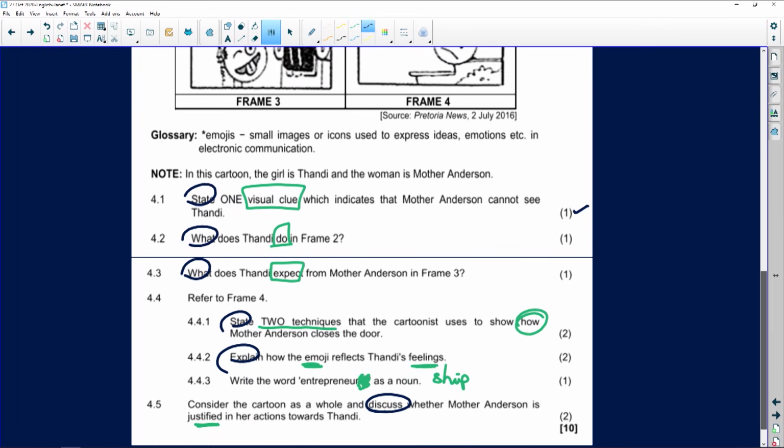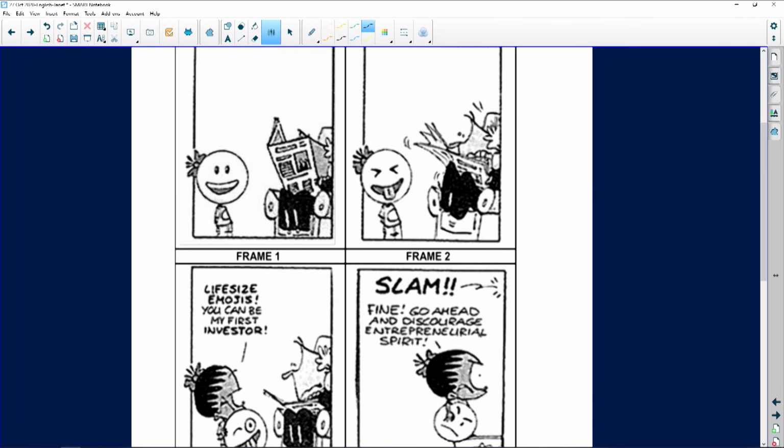What does she do? Now, this is more interesting. What must she have done? I think you've got to say more than she puts out her tongue. Why? Because of the old woman's response here. Look at it.